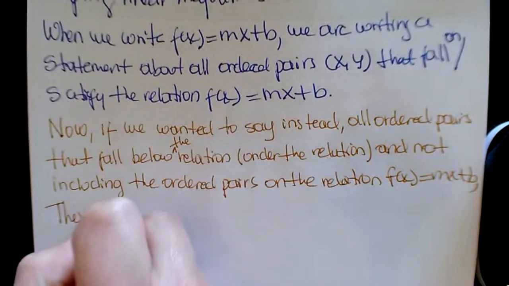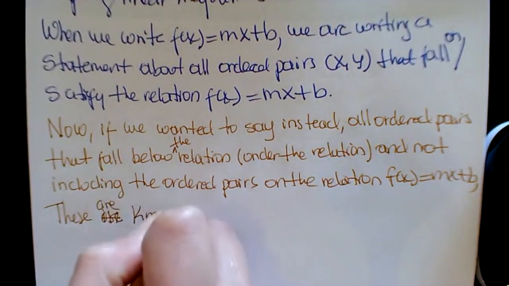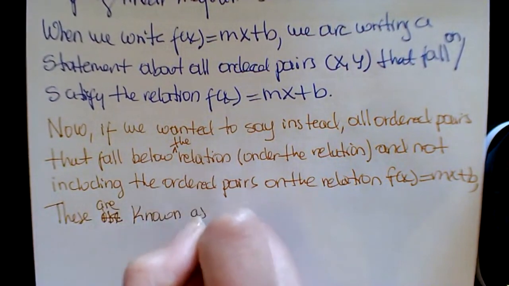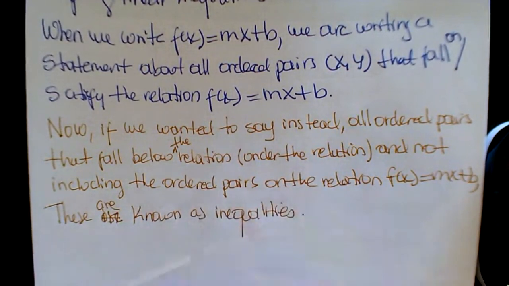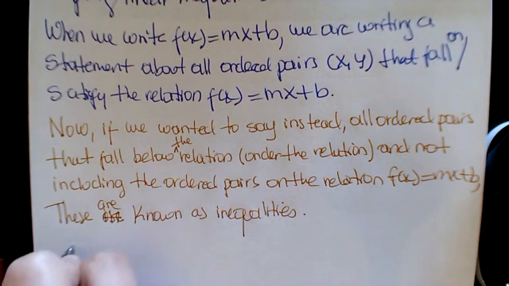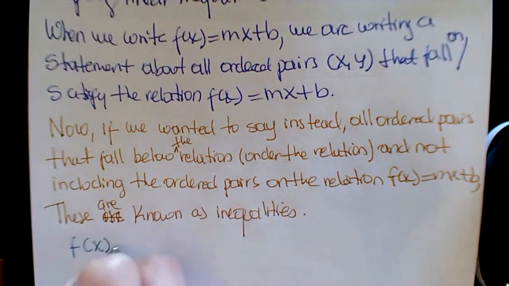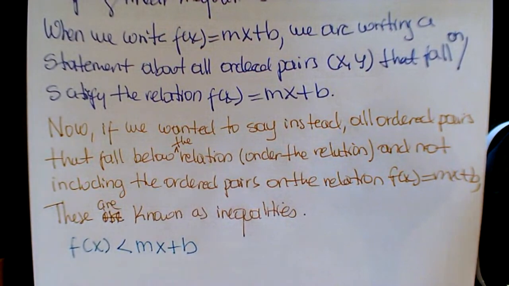These are known as inequalities. Less than mx plus b: all points below the line, but excluding the line.